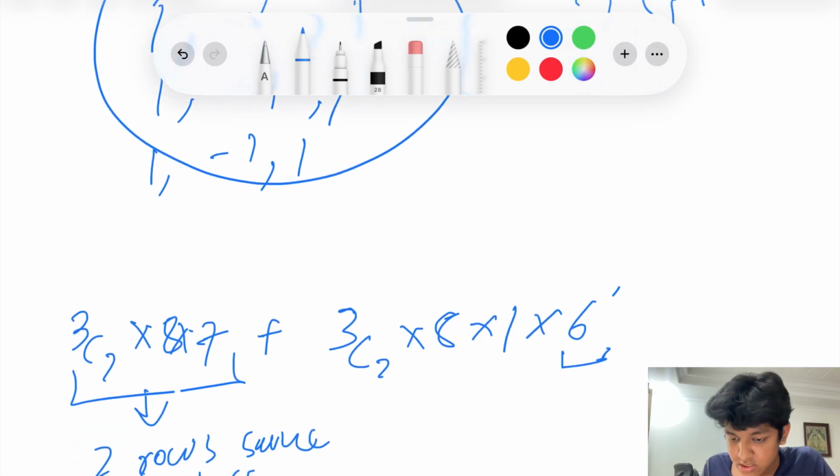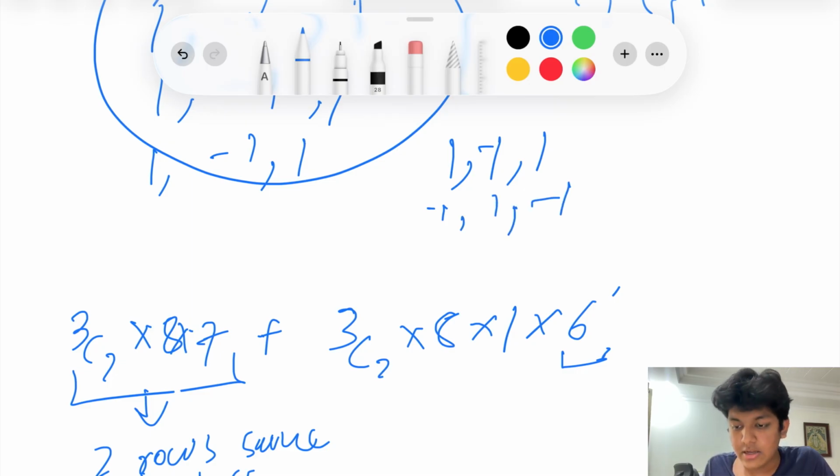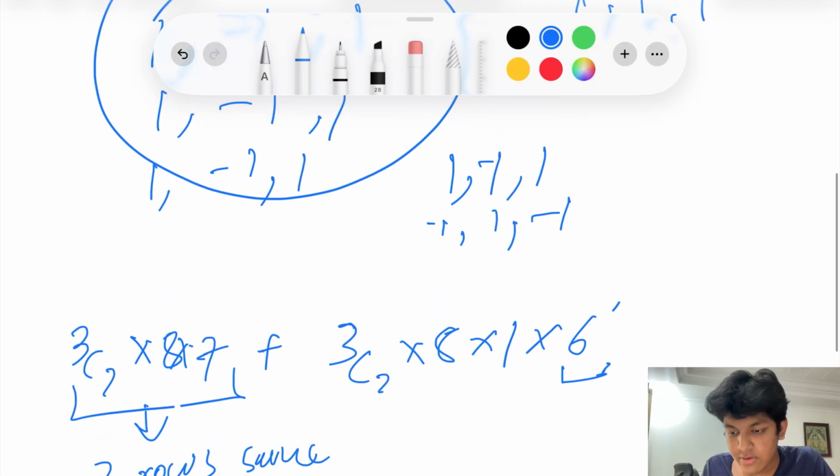Let's say 1 minus 1 1 is the first row. Then minus 1 1 minus 1 will be the second row. So the third row cannot be 1 minus 1 1, and the third row cannot be minus 1 1 minus 1. So that's why we did times 6.